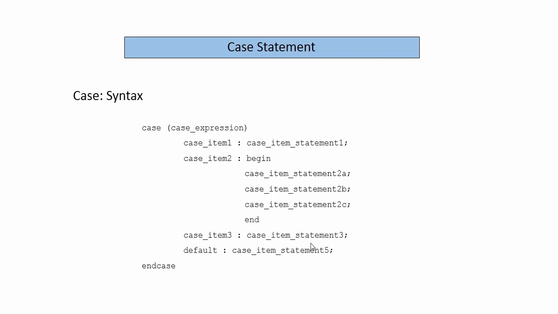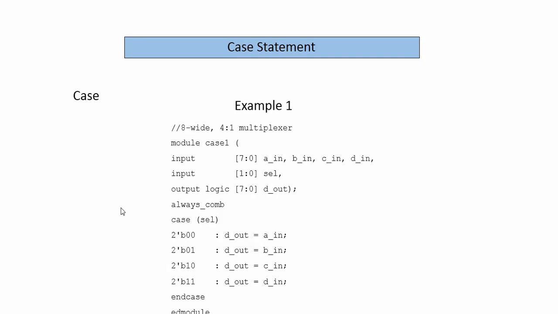When the value of the case expression is case item 3, then it will do this. Else there will also be a default case. Then after that comes endcase, then the end of the always block, and then endmodule. So this is the basic logical concept of designing with case.